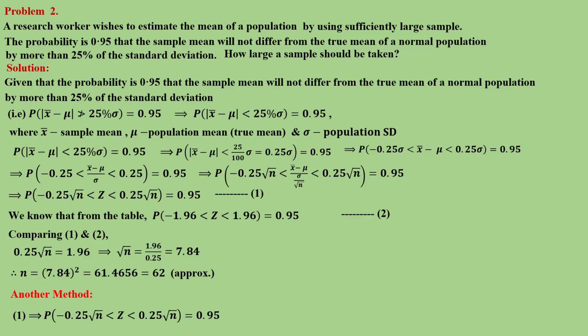Next method: probability of minus 0.25 root n less than z less than 0.25 root n equals 0.95. We are taking that step.